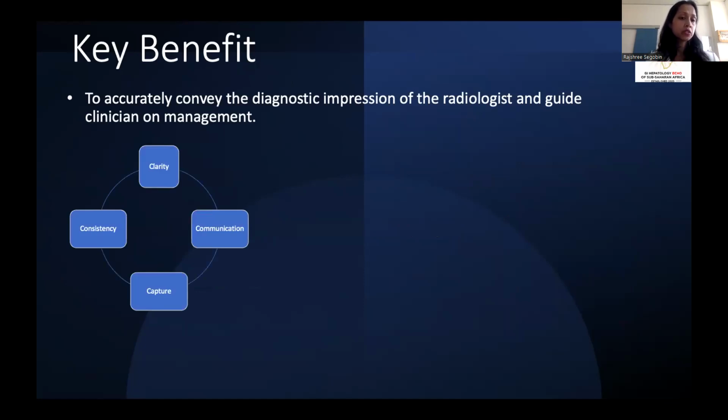So the main pillars of LIRADS is to provide clarity, to facilitate communication between clinicians, for data capture, to promote research so that we can compile data in a uniform, standardized way across institutions, and consistency, to be able to provide longitudinal reporting throughout a patient's history pre and post-treatment, and also between institutions and between patients to be able to compare data and compare management strategies.